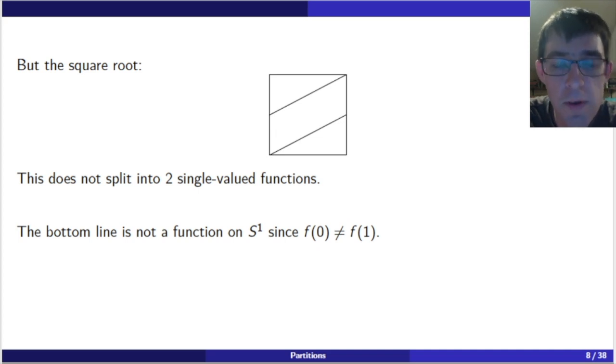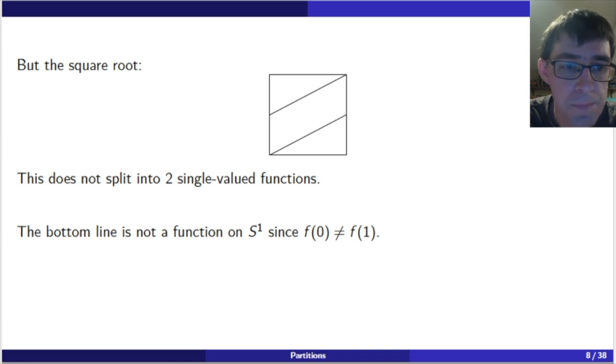If you were only looking at the line segment on the bottom, the value when you plug in x equals 0 is different from the value when you plug in x equals 1, and so that's not a continuous function on the interval with the 2 endpoints glued together. It only becomes continuous if you take both of those segments at once. Then it is a continuous 2-valued function.